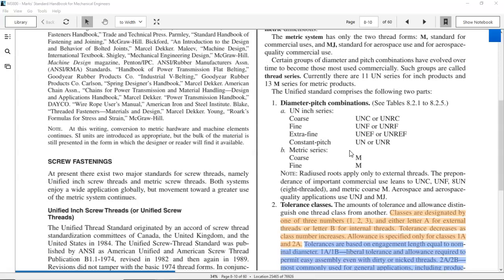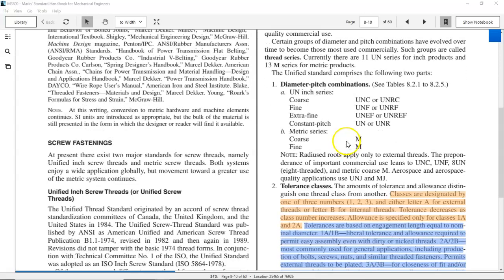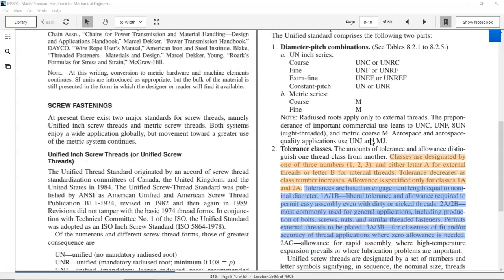So in the metric series, the thread is designated as the M, the major diameter, and then the pitch. So coarse and fine both come with that M designation.